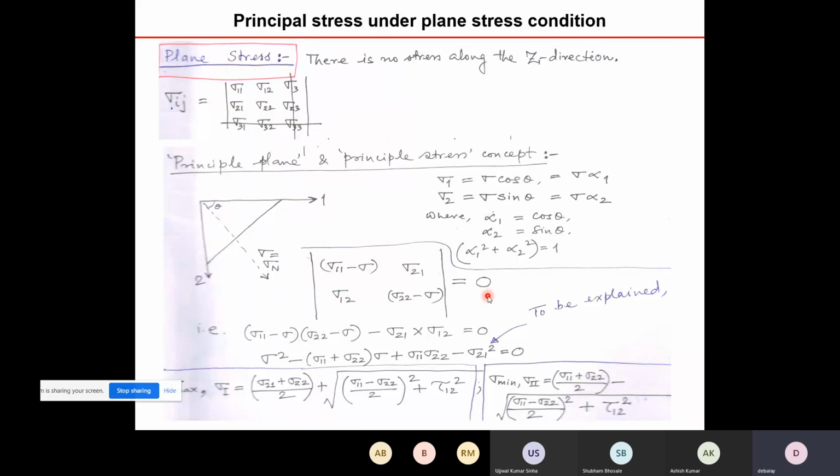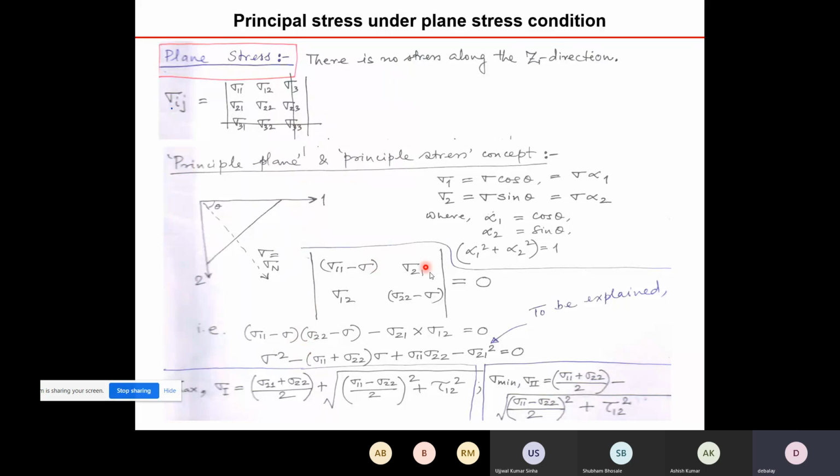Now there are 2 equations you have to satisfy, so the determinant is 2nd order, equal to 0. Here you see sigma 1 equals sigma cos theta, that is sigma alpha 1, cos theta is alpha 1. Similarly, sigma 2 equals sigma cos of 90 degrees minus theta, sin theta, equal to sigma alpha 2. You can clearly understand.